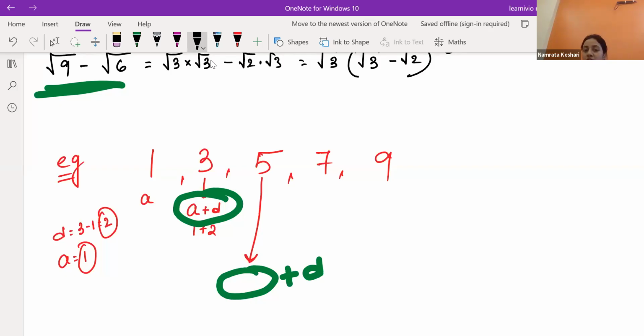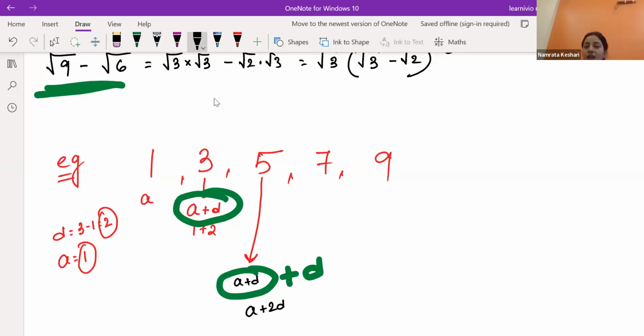In this format it was a plus d, but I don't want to see this one. I just want to say the previous one plus d. But our previous one is a plus d already, so I have to write the same thing in notation form. So this term became a plus 2d. Are you getting it?